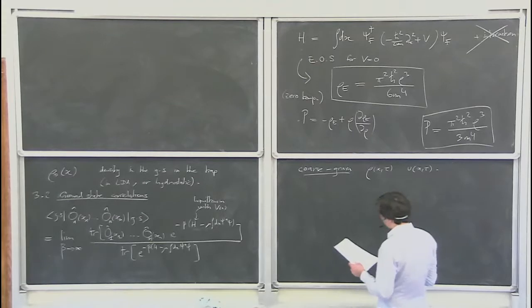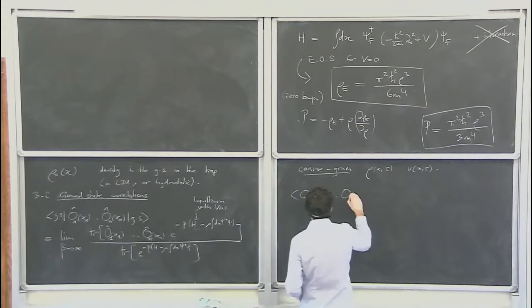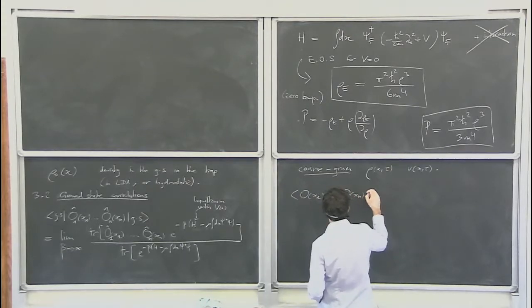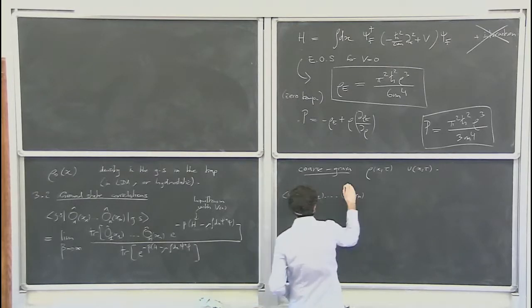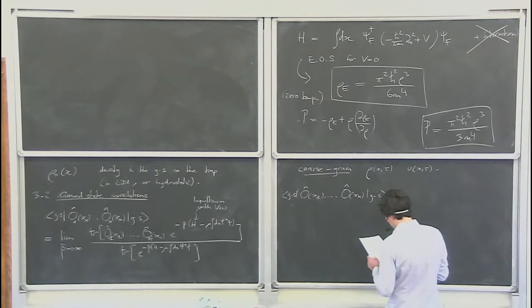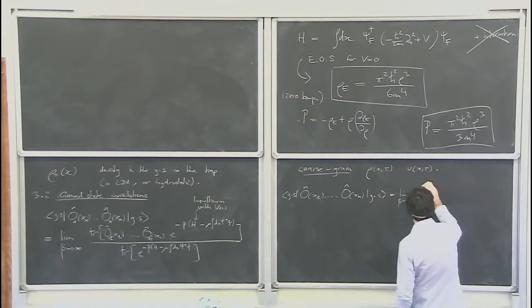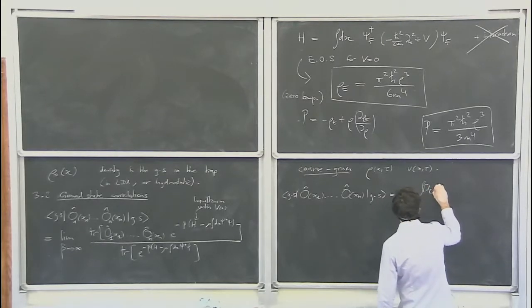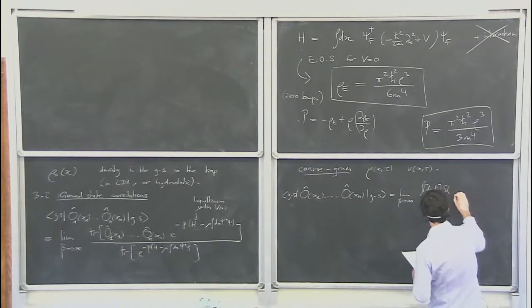All right, so when we coarse grain, these correlation functions start looking like this. So again, this is ground state correlation of some observables, in the limit when beta goes to infinity. Let me formally write this as we did last time.